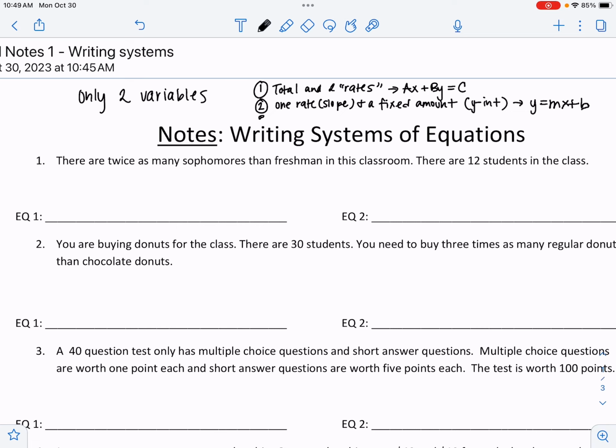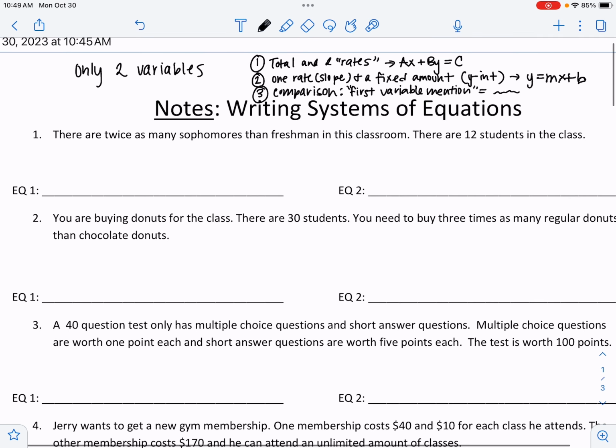The third and final equation you're going to run into is a comparison between your two variables. And when you have a comparison, it's going to be the first variable mentioned equals the comparison, and that'll make more sense once we do some examples.